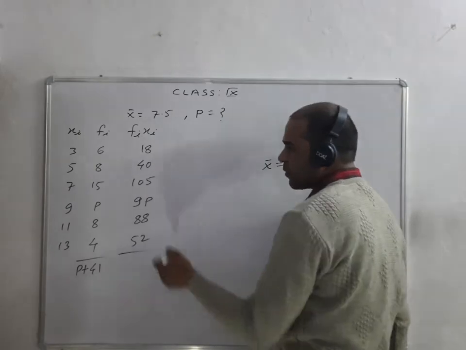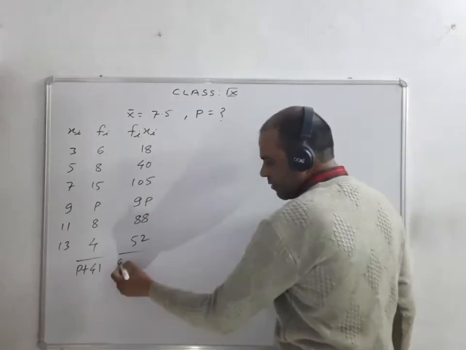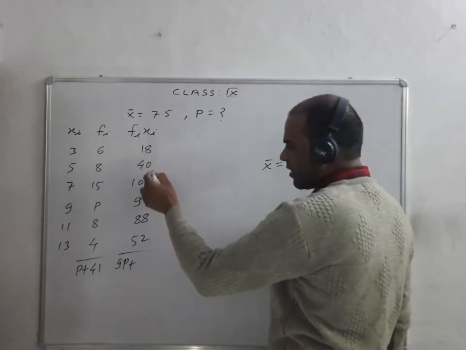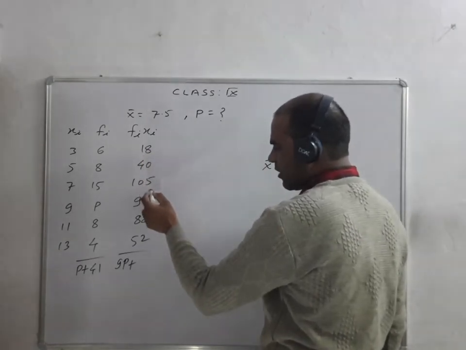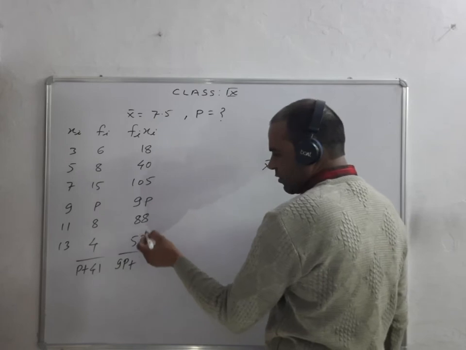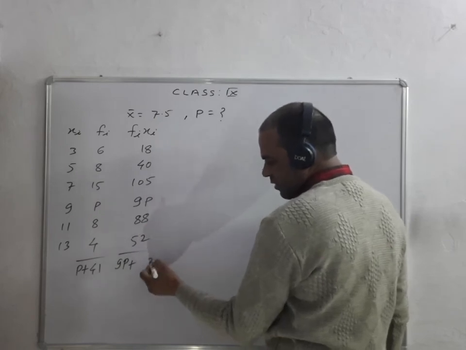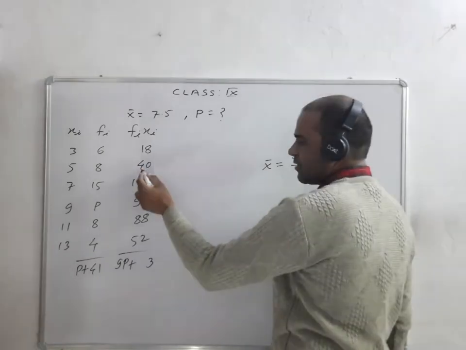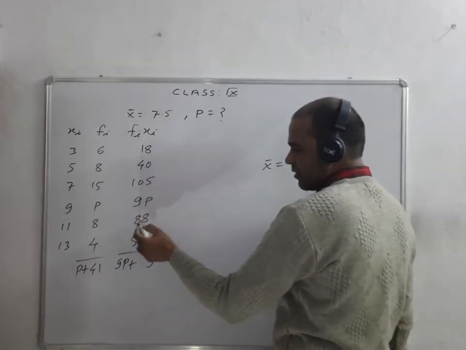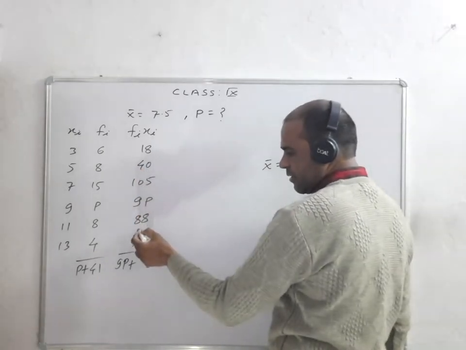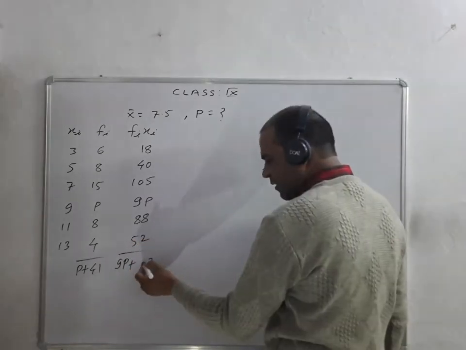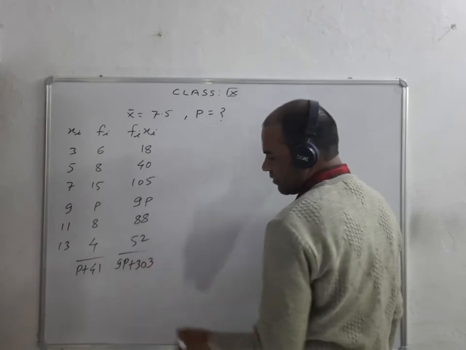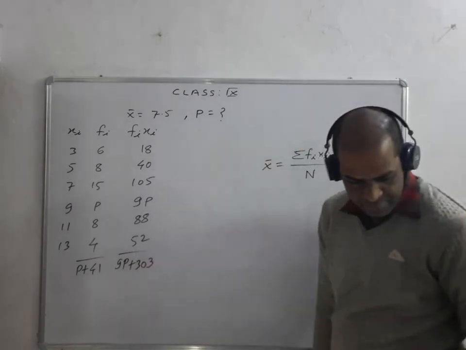Here also the sum: 9p plus, now sum these: 8 and 5 is 13, 13 and 10 is 23, 303 plus 9p.